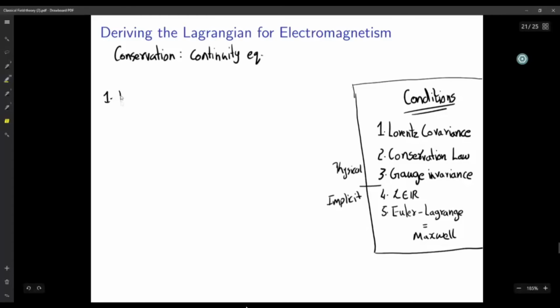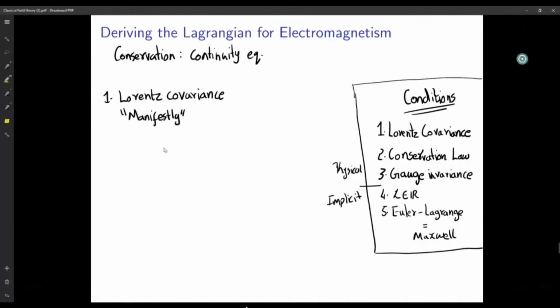To satisfy Lorentz covariance is a rather simple thing. We want to make our theory, quote unquote, manifestly Lorentz covariant, which means it is a part of the building blocks of our theory.